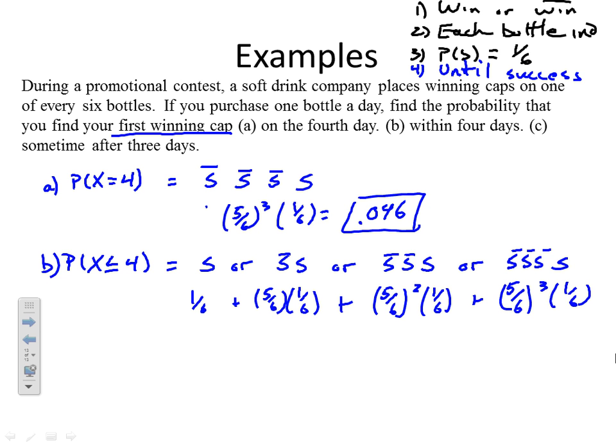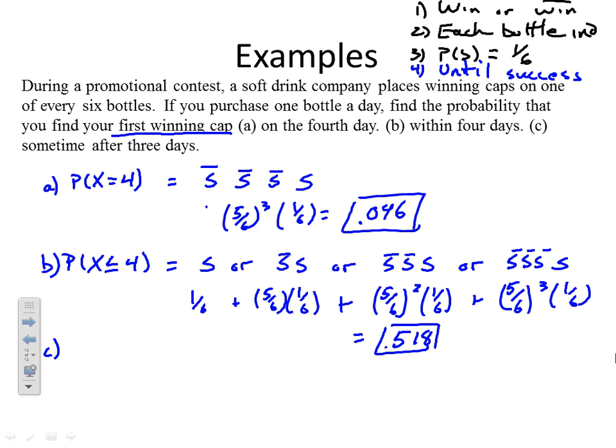At the end of the day, when we put all that together, we should get 0.167, 0.139, 0.116, 0.096. So there's about a 52% chance, 0.518, that we win within 4 days. Pretty good chance to win within 4 days.